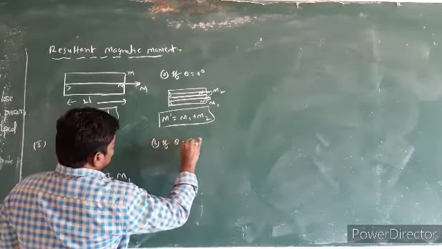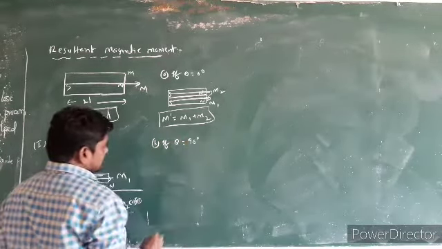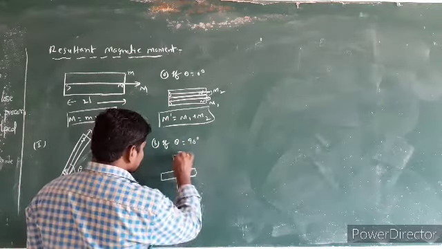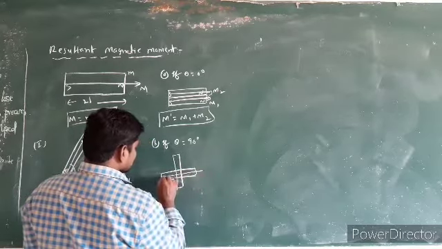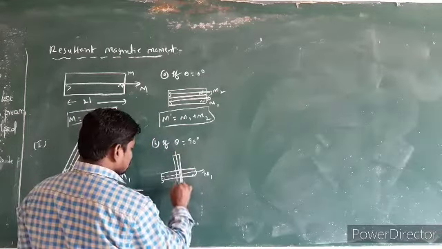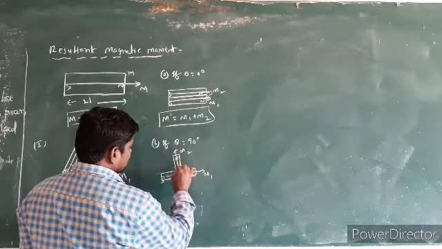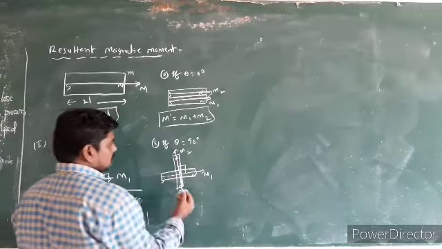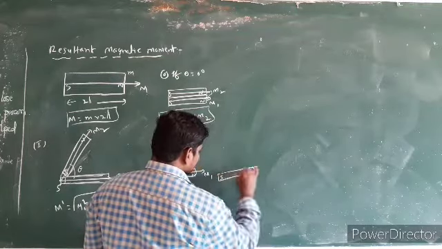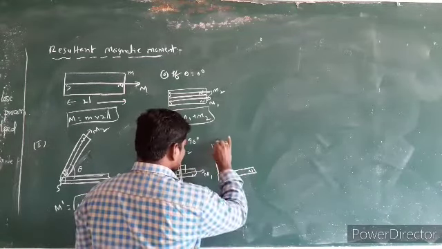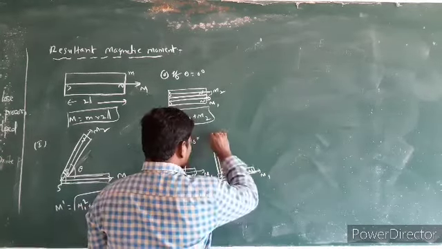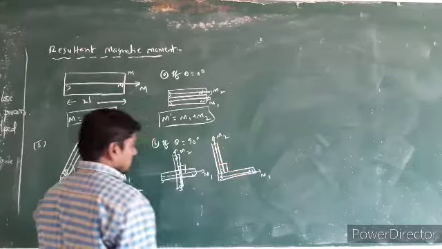Case B: if theta is equal to 90 degrees, the two bar magnets are arranged like this, south to north, with magnetic moments M1 and M2. The arrangement can also be like this, M1 and M2, with theta 90.